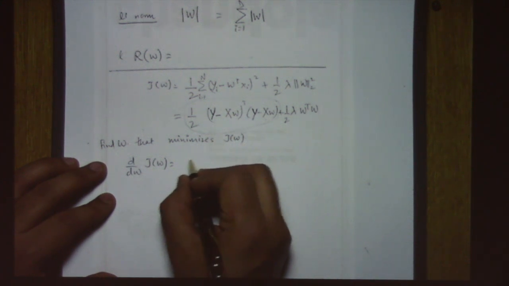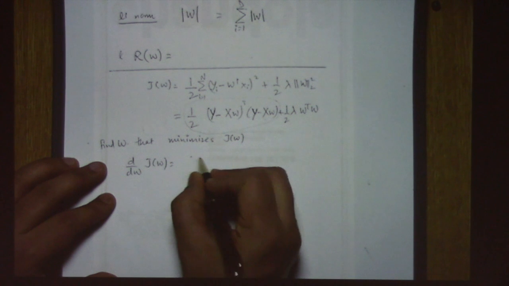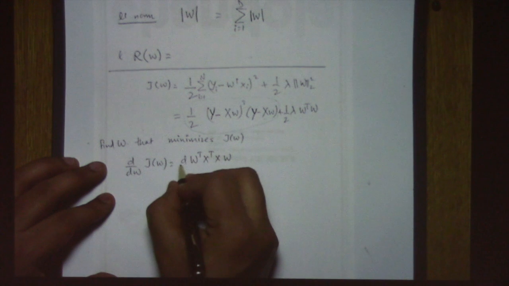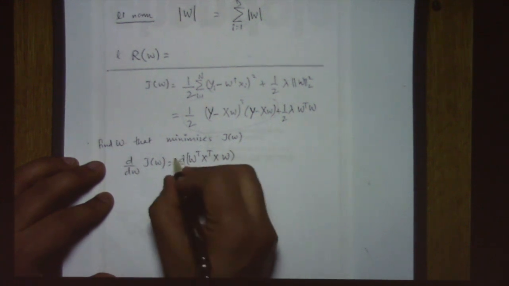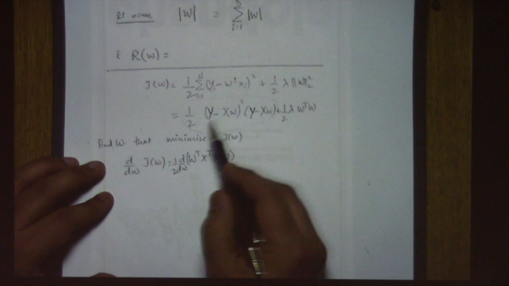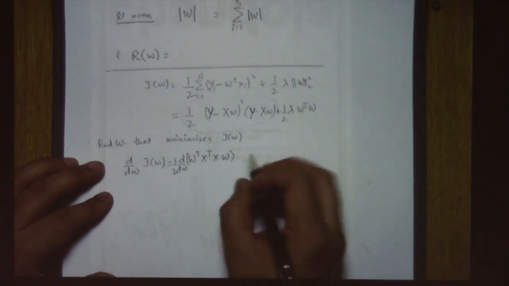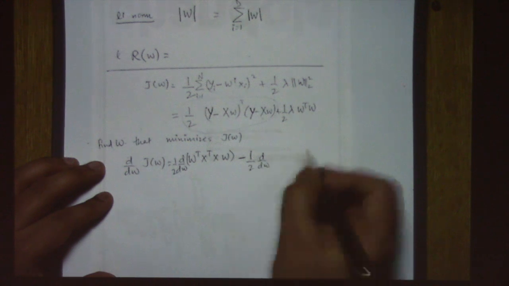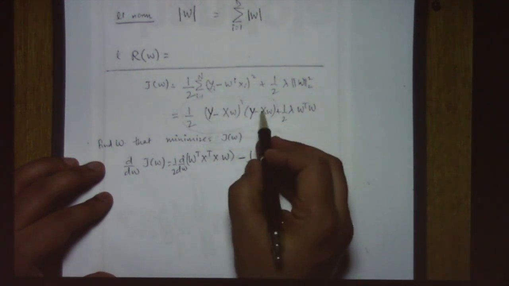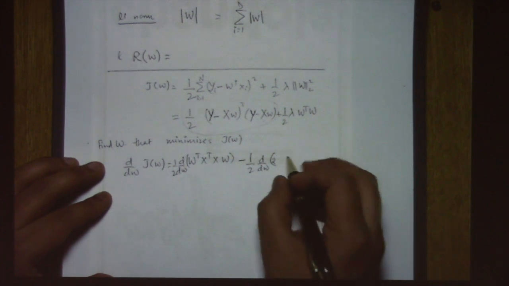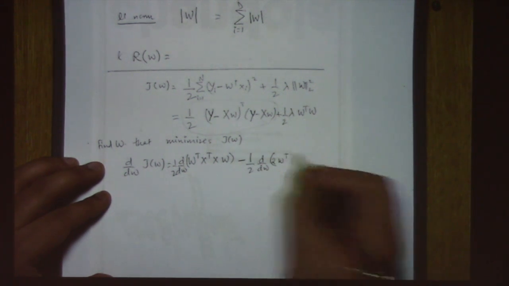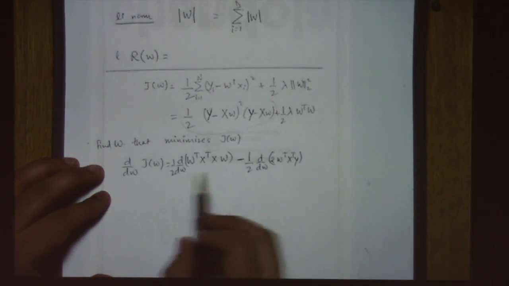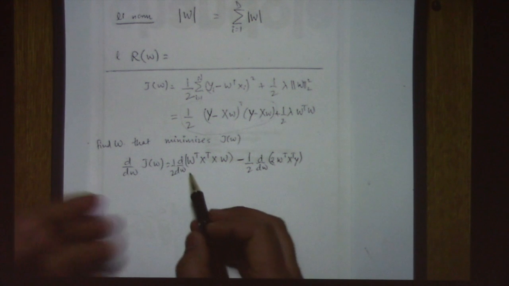It's going to be d/dW of W transpose X transpose X W, ignoring the term that comes from y, because that's constant, minus half d/dW of 2 times W transpose X transpose y. Because this is going to get multiplied by that one, so it's 2 times. If you don't follow this part, refer to our Wednesday's calculation.